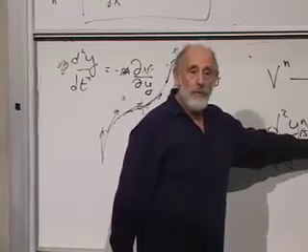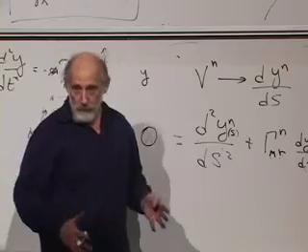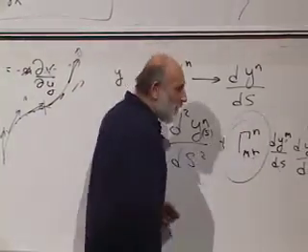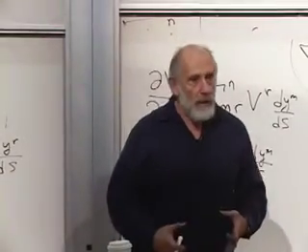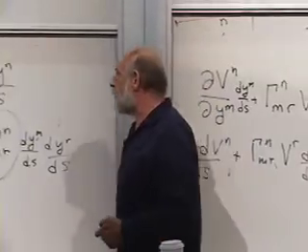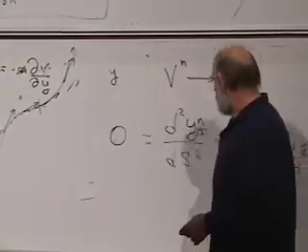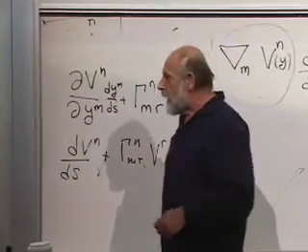What are the Christoffel symbols? They're composed out of derivatives of the metric with respect to position. So somehow we're going to find that the derivatives of the metric with respect to position are the analogs of the Newtonian gravitational force. That's where we're going. I thought I would tell you rather than just blindly write formulas on the blackboard.